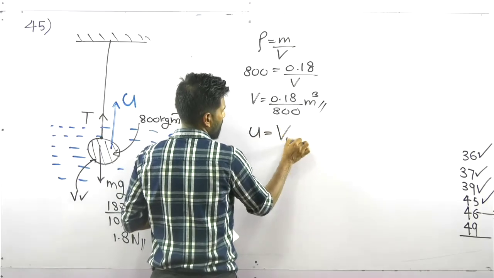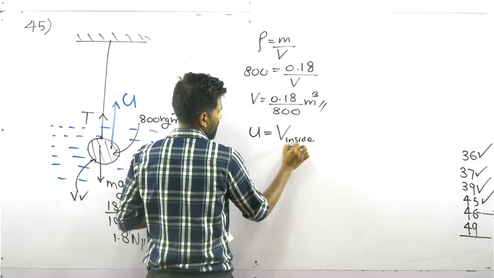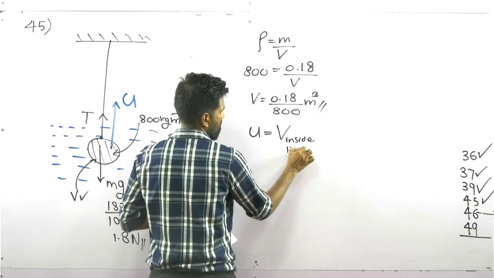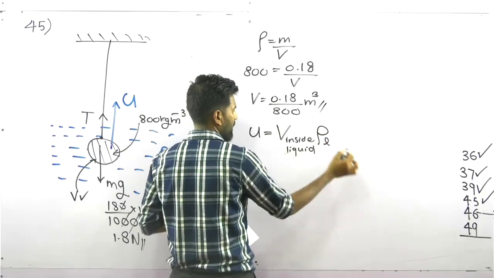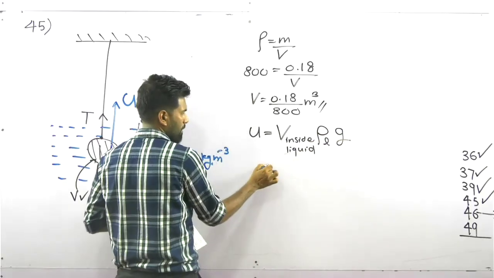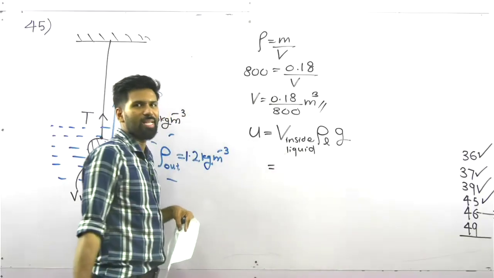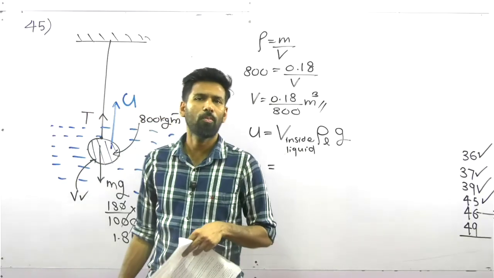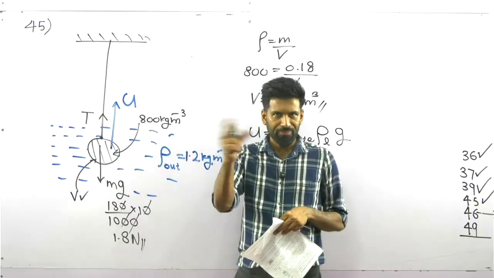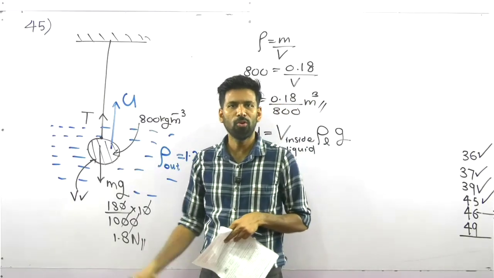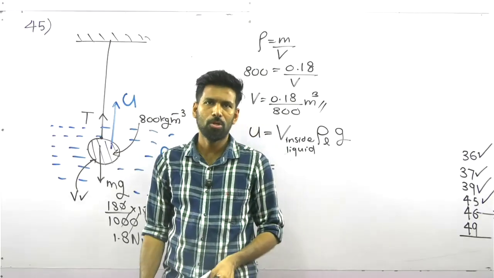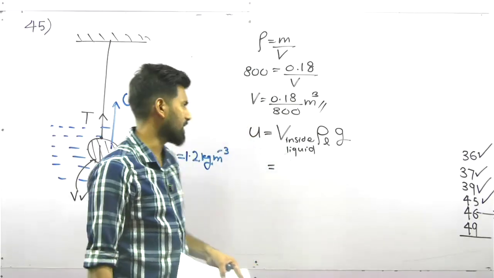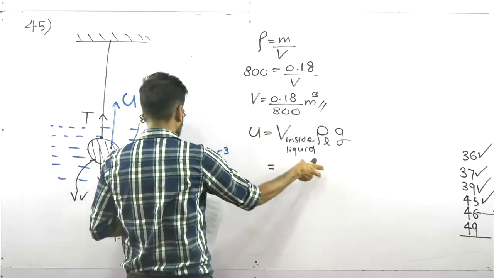Upthrust is the volume inside the liquid multiplied by the liquid density times g. Volume inside the liquid is the full volume of the object because this liquid is the outside air. The full object is inside the outside air, so the total volume of the object is the volume inside the liquid.